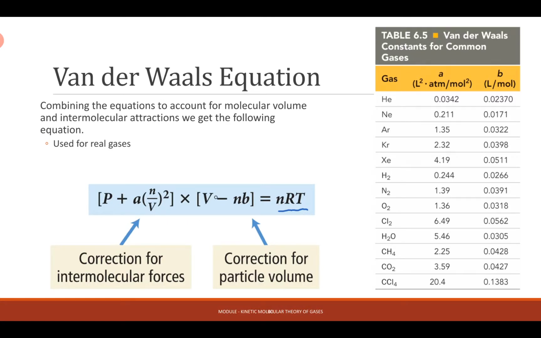But that V has the previous correction to it. So this is known as a van der Waals equation, and this will be provided on a reference sheet for your exams, but you just have to be able to use it and identify where things go. So this is the correction factor for intermolecular forces, and this is a correction for particle volume.